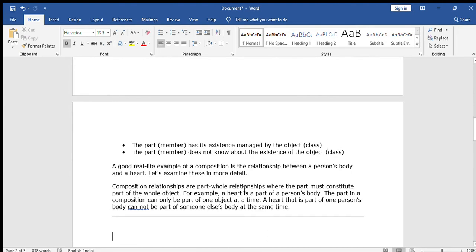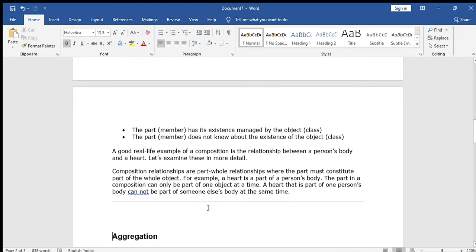It is a part-of-whole relationship where the part must constitute part of the whole object. For example, a heart is a part of a person's body. The part in a composition can only be a part of one object at a time. The heart that is a part of one person's body cannot be a part of someone else's body at the same time. The same heart cannot be extended to another one.